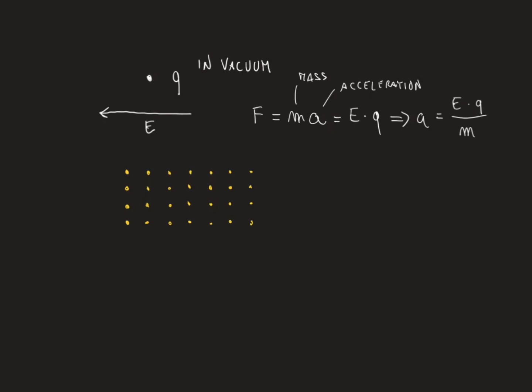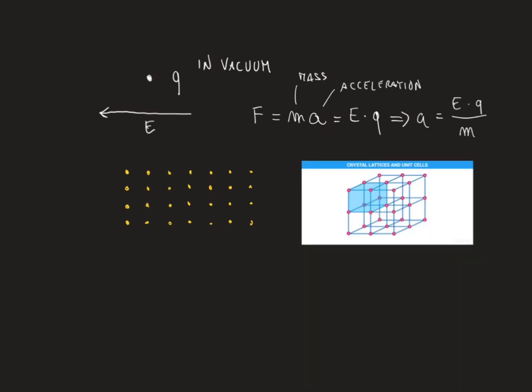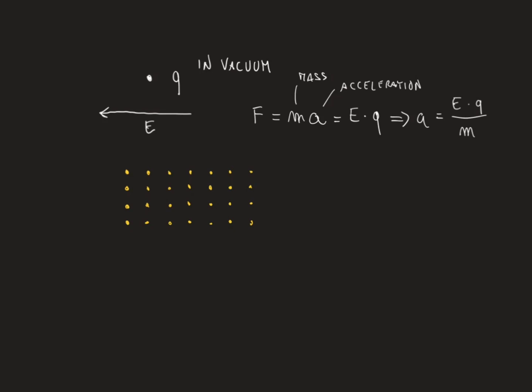The lattice, the reticle shown here, is meant to represent the metal structure in a very simplified way. Of course, the structure of a real metal extends in the 3 dimensions. In a metal wire, the acceleration of a charge under the effect of an electric field is slowed down by the very structure of the metal itself.